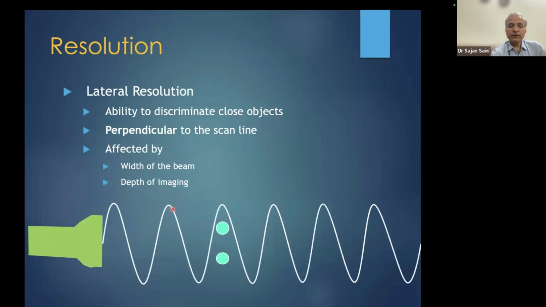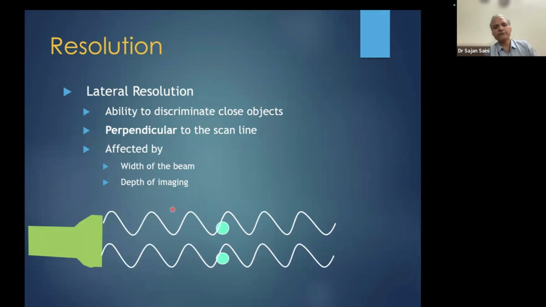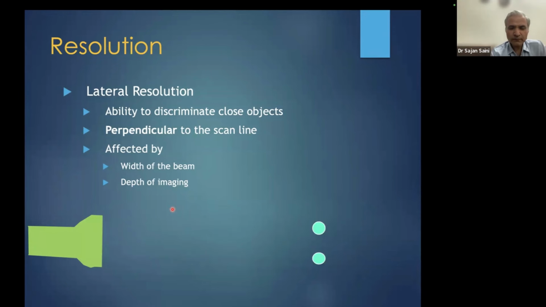So this beam is going and hitting both these structures in the same beam, and if the amplitudes are a little different, it may consider these two structures as separate structures. However, the amplitude is fixed.